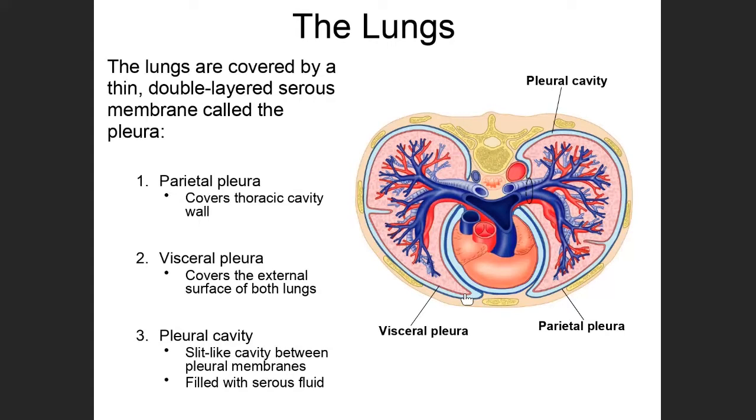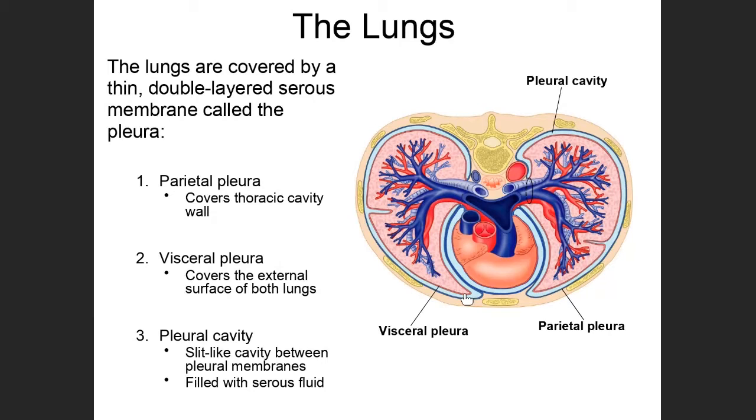Having this oily lubricating fluid, which is known as serous fluid, surrounding the lungs within that pleural cavity is going to help to reduce friction as the lungs are moving, as they are inhaling and exhaling, and as the heart's moving as well. So it's protective to the lungs in that it encases them and it reduces friction on the lungs themselves from other structures located in the thoracic cavity.